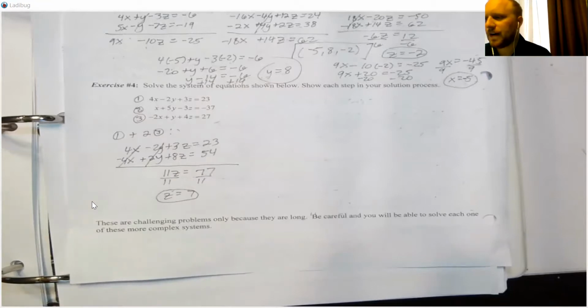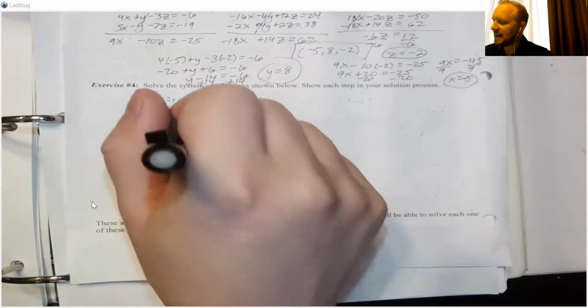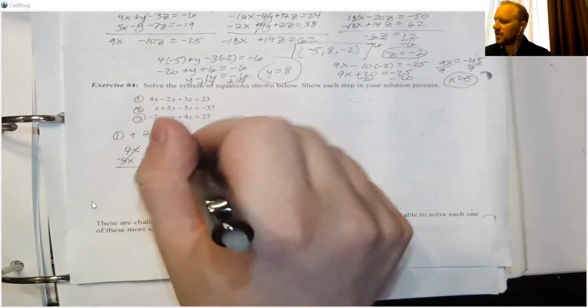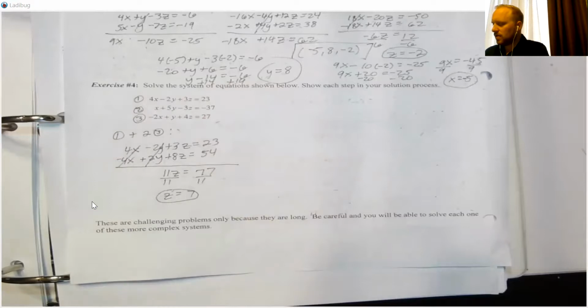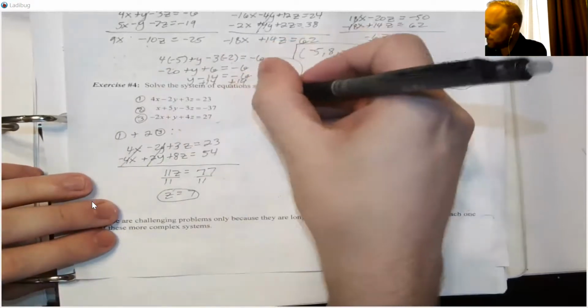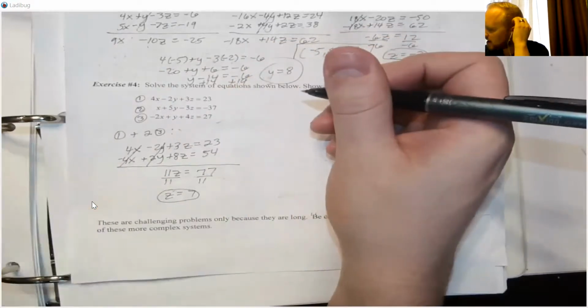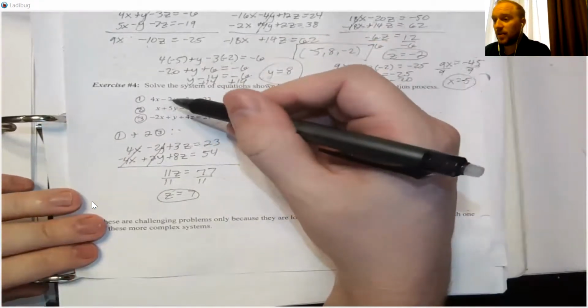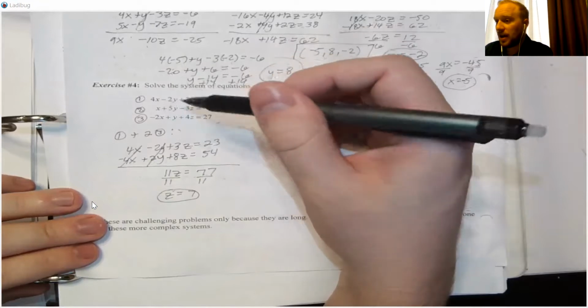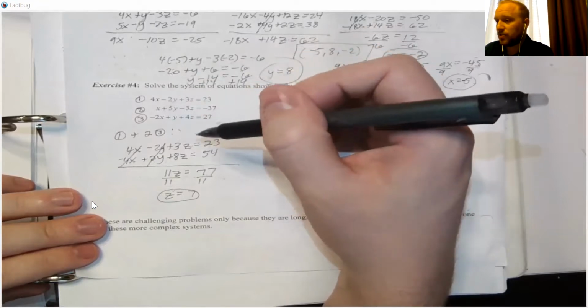Well, now that we found z, what we could do is plug our z back into these two equations to put it in terms of x and y. I could take the first equation with those z's, or I could take equations 1 and 2 and put those together.